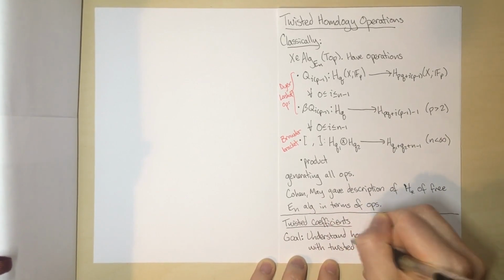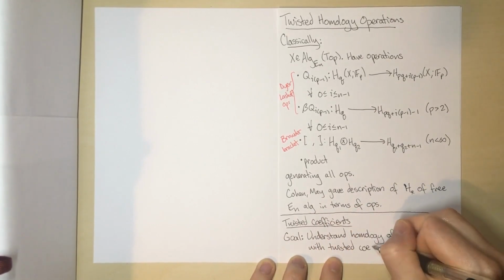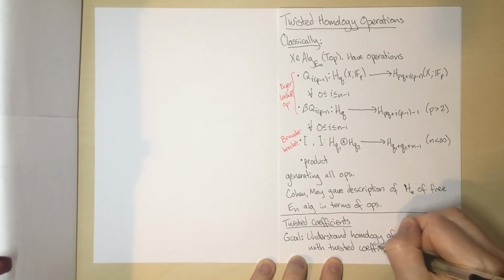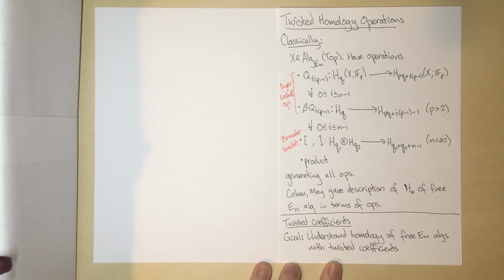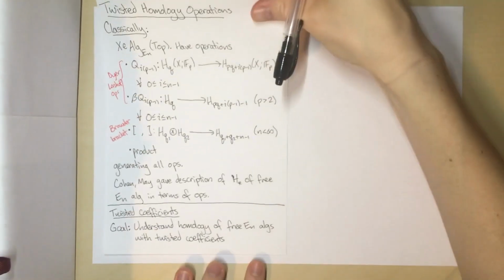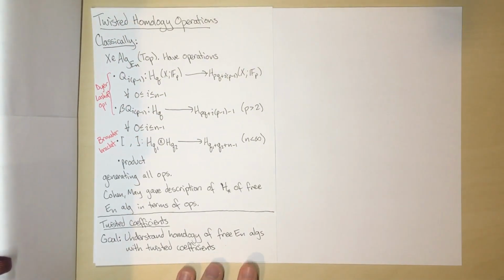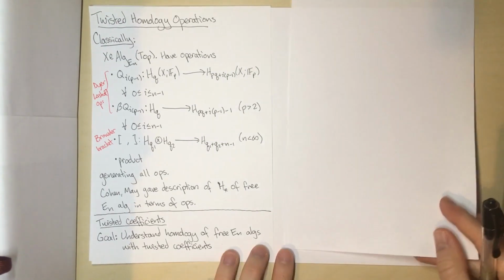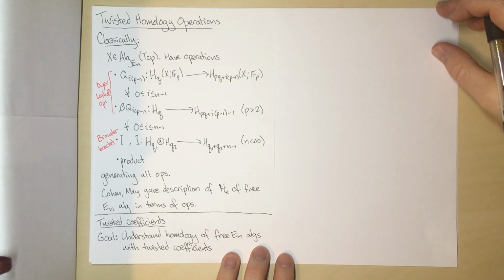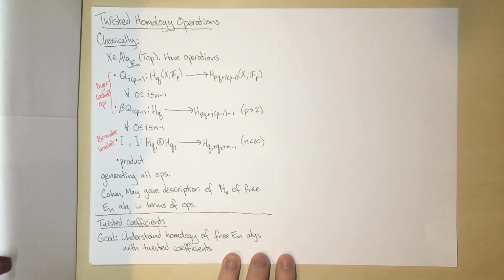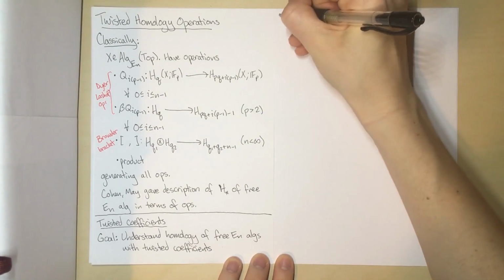We'd like to define these operations and again give a description of the homology of a free EN algebra in terms of these operations. So if you think about this for a bit, it becomes clear that you can't expect to do this for just any coefficient system. So we need to restrict our attention.